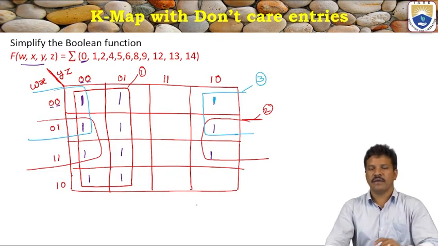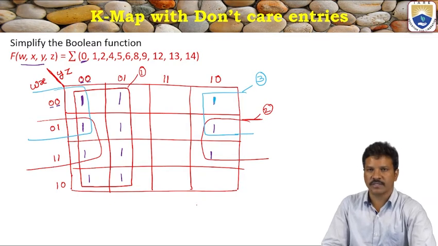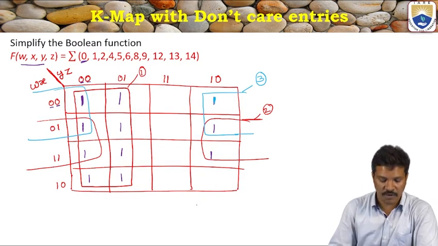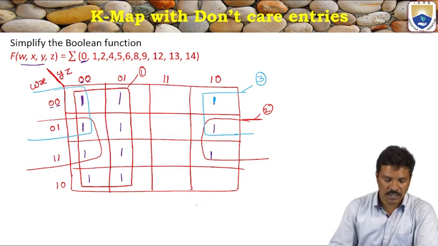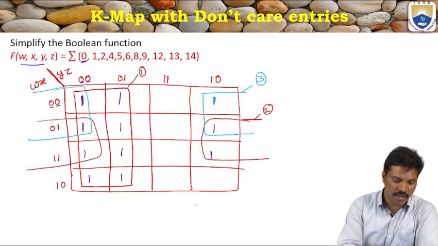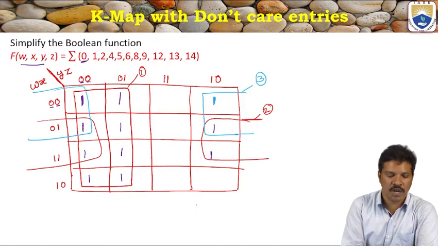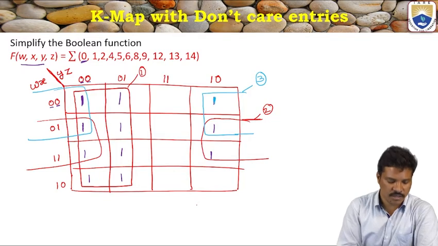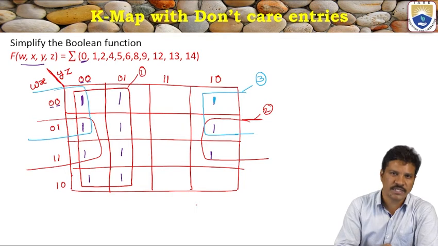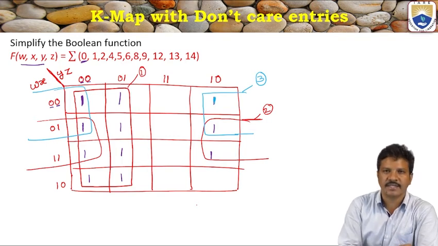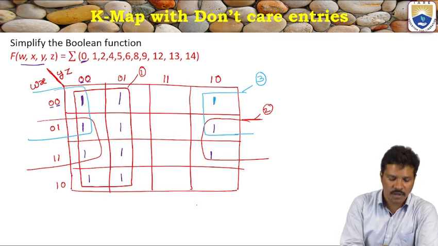Now we can write down the minimized simplification. How to find the simplification? First take the first group of 8 ones. In this box, horizontally all the variables w x cover w bar x bar, w bar x, w x, w x bar: 0 0, 0 1, 1 1, 1 0. When all possibilities horizontally are covered, they cancel each other because they are adjacent to one another. So horizontally all are cancelled, so no need to take those variables.